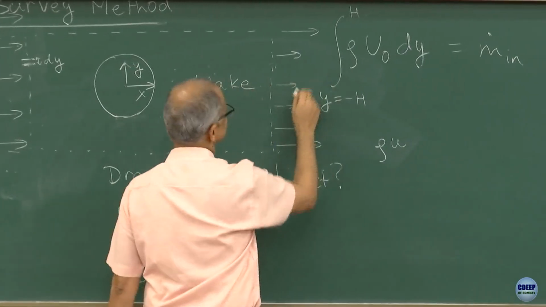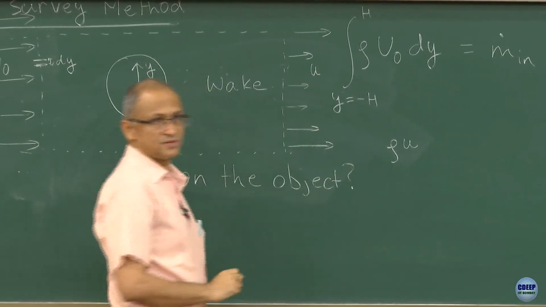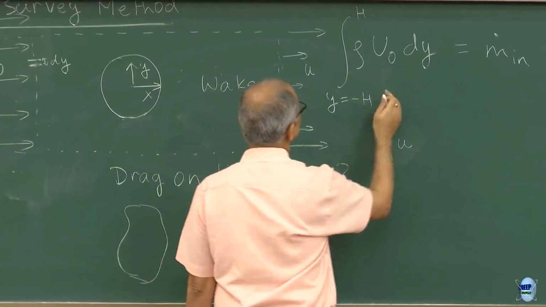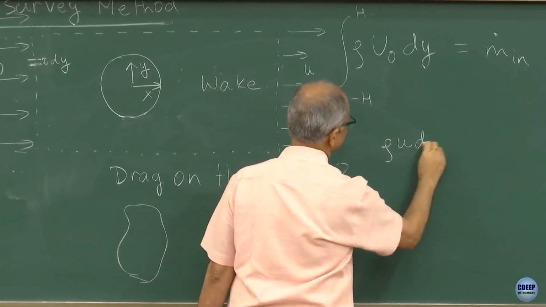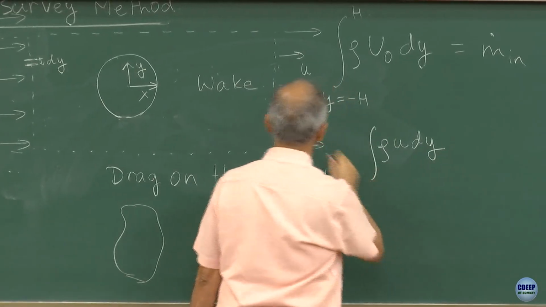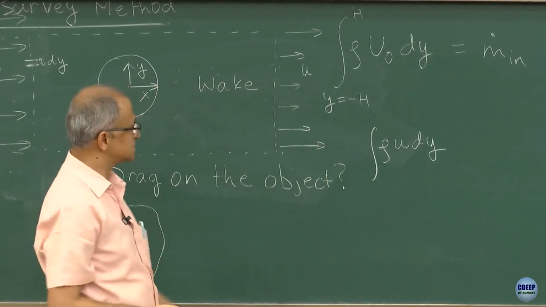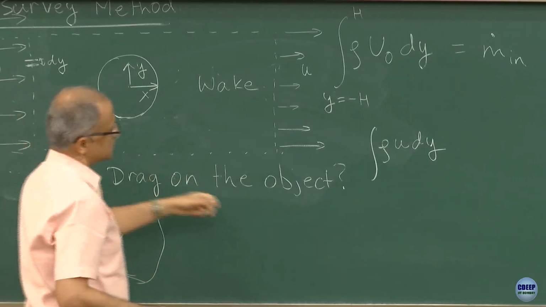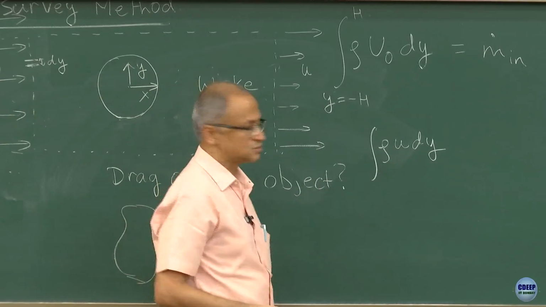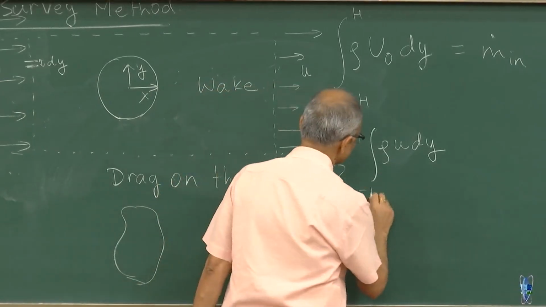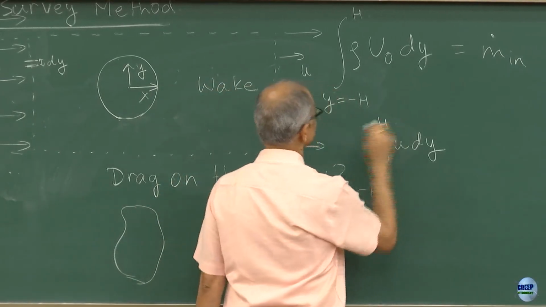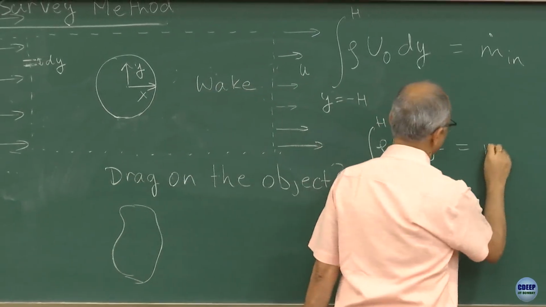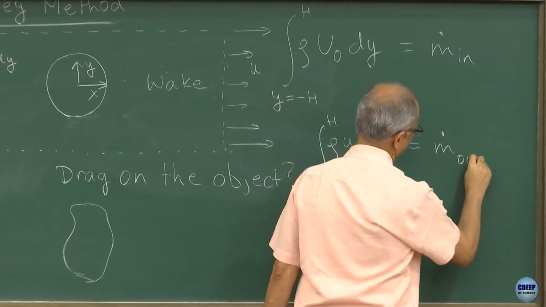Here the velocity, let us say, is just simply u, okay. So, it's rho times u times dy. In a similar way, you will get exactly the same thing, instead of this velocity capital U naught, you can write it as u, and y is going from minus h to plus h, and this is my m dot out.